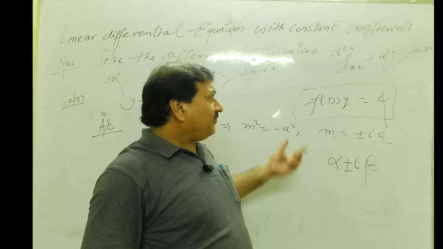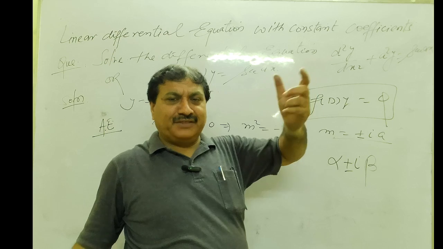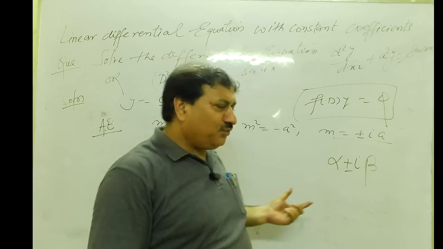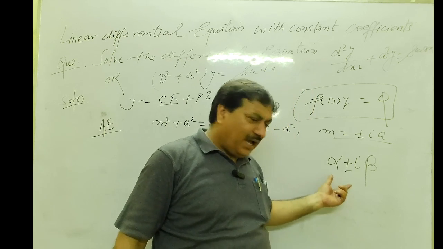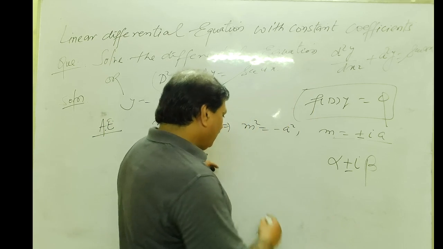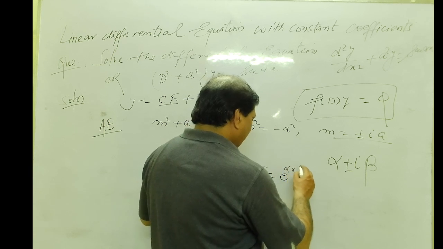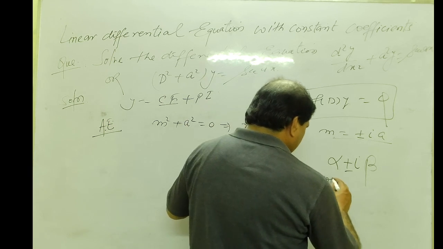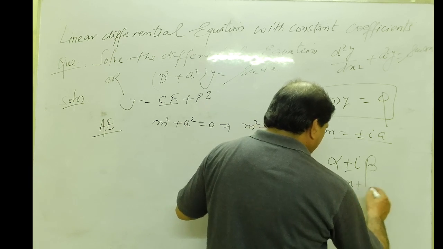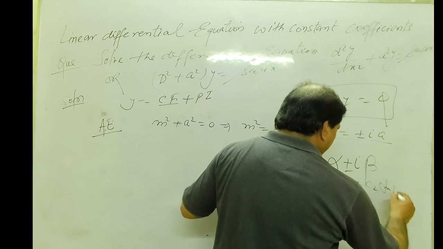When the root is a complex number alpha plus minus i beta, the formula of CF equals e power alpha x (C1 cos beta x plus C2 sin beta x).